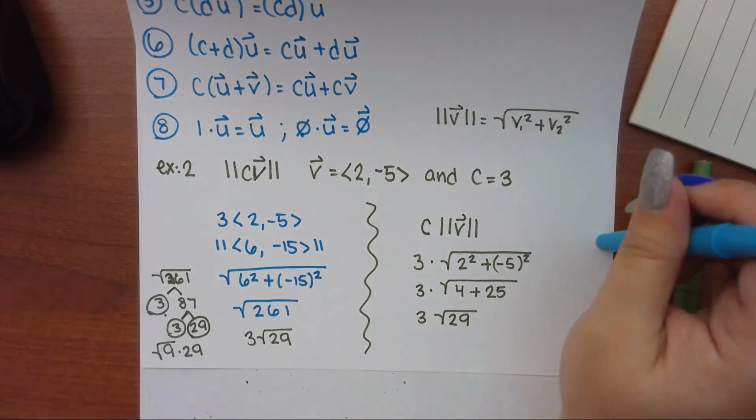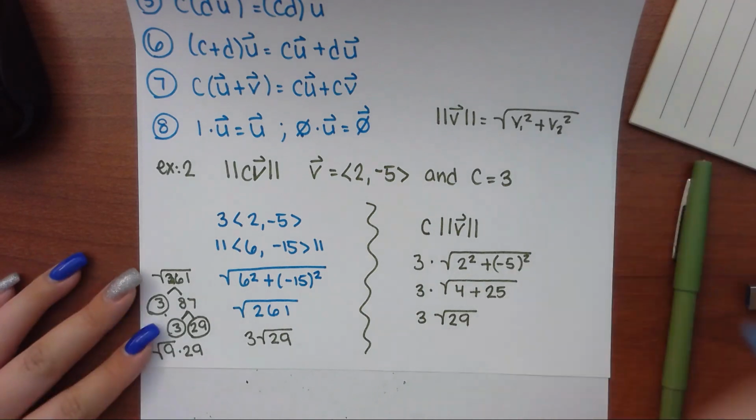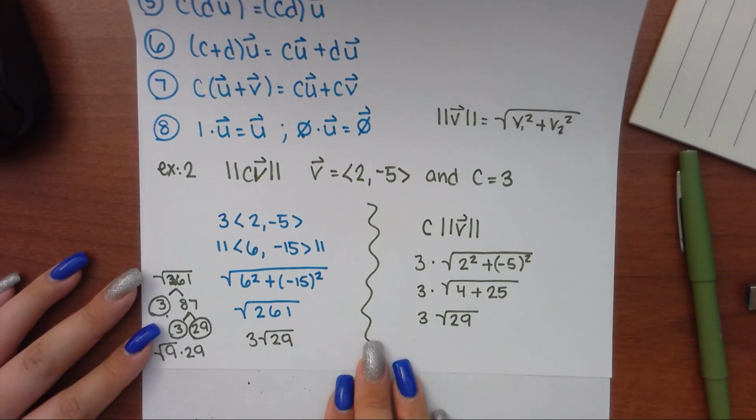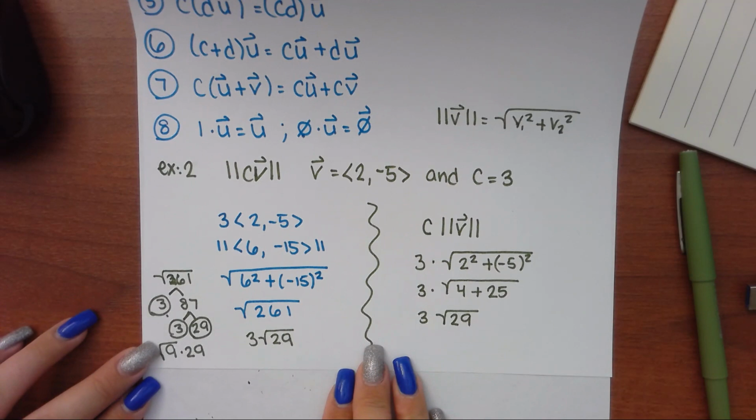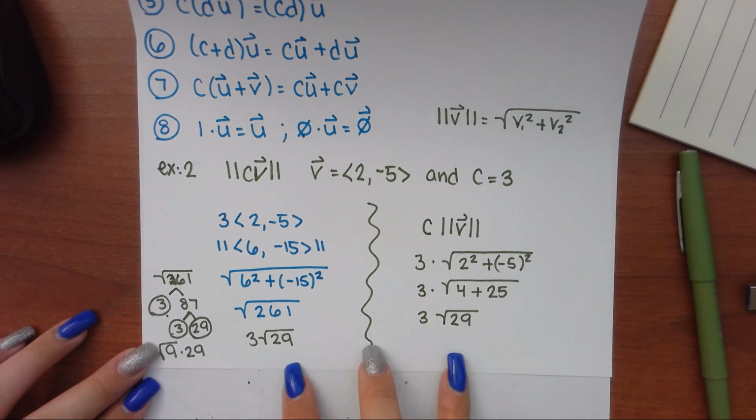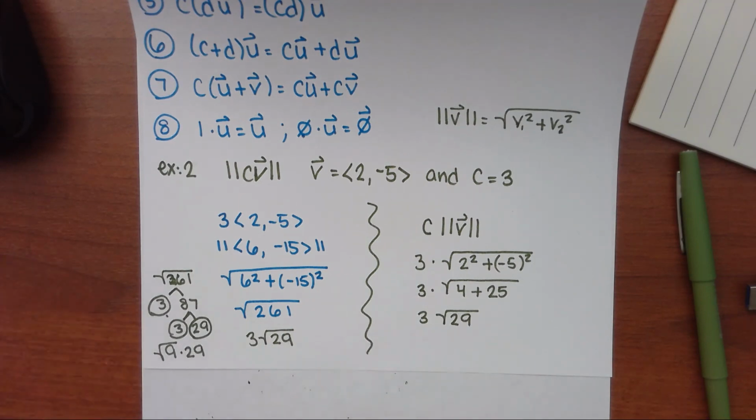It could be k times anything. But I felt like this was a good example to put out there, because it shows you 2 different ways to do something. That one is a little bit harder because you have to simplify that radical, and one's a little bit easier. So yeah, that's it for today.